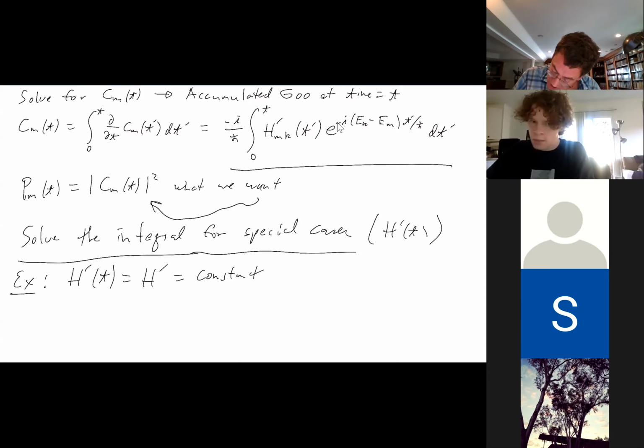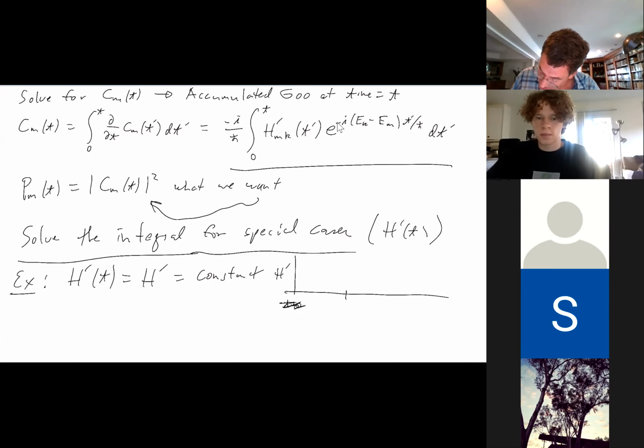And let's assume that it looks like this. H prime, and this is t equals 0. Actually, let's do it like this. Let's have t equals 0 be here, and this is t greater than 0 in this direction. What do you think h prime is equal to for t less than 0? 0?